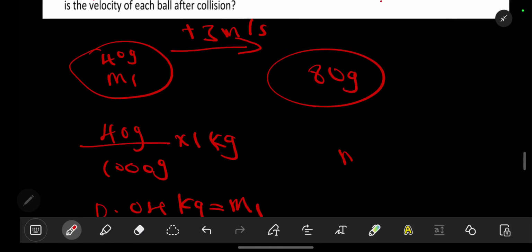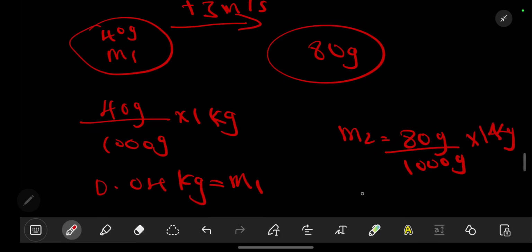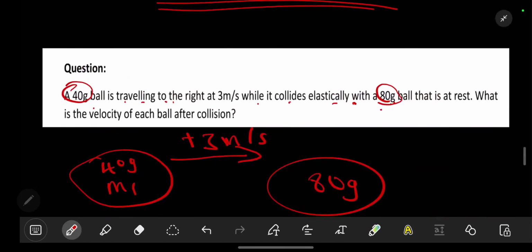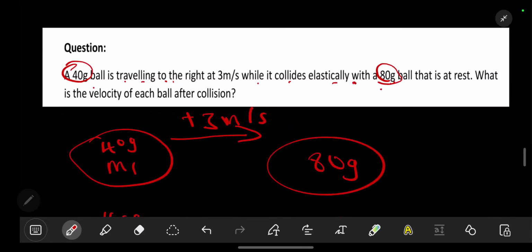Then mass number 2 is 80 grams divided by 1000 grams times 1 kg, which gives m2 equal to 0.08 kg.